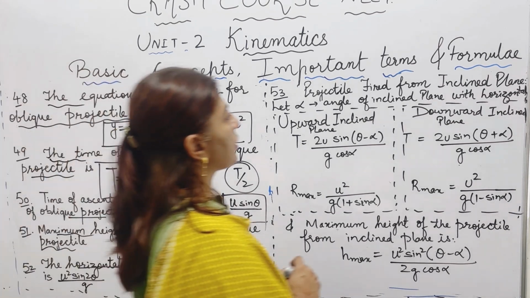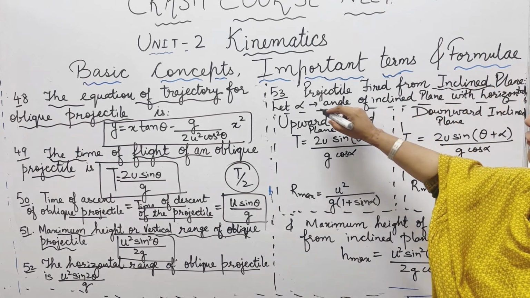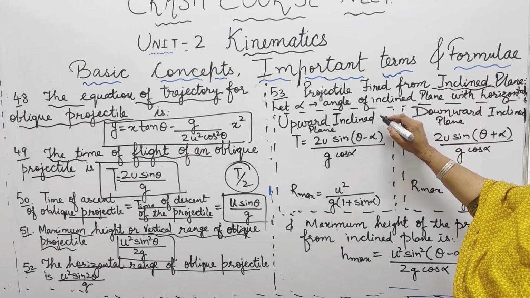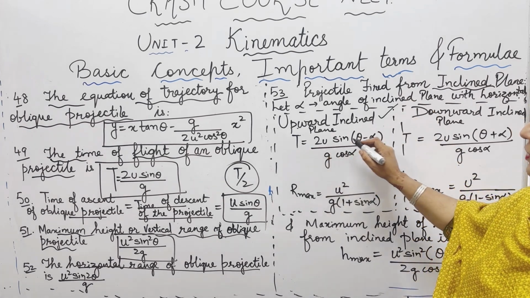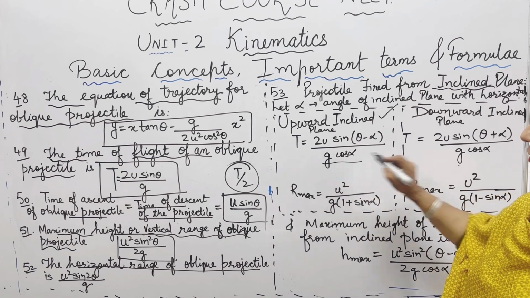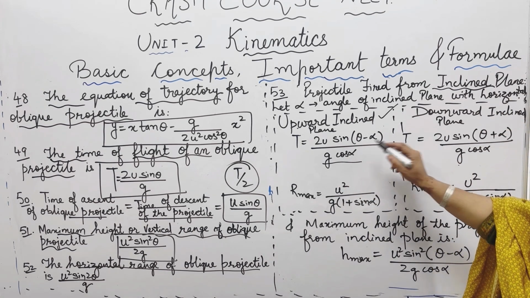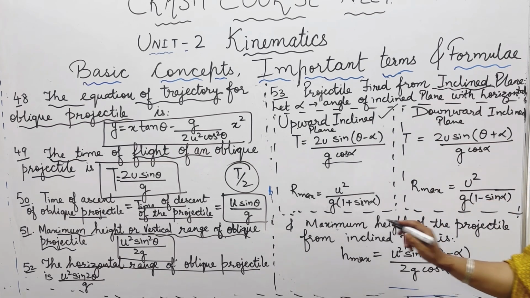Now, if the projectile is fired from an inclined plane, let alpha be the angle of inclination with the horizontal. Then for an upward inclined plane, the time of flight is given by 2u sin(theta minus alpha) upon g cos alpha. And for the downward inclined plane, this minus is replaced by plus alpha, and everything else remains the same.